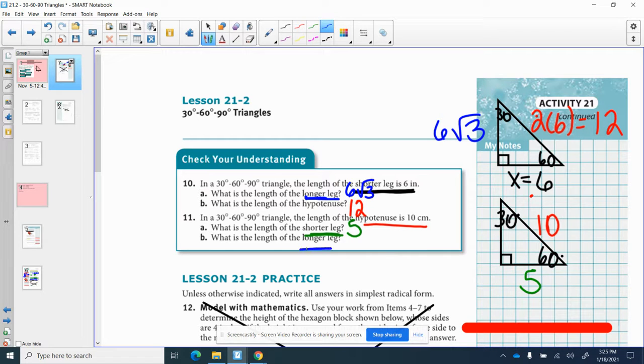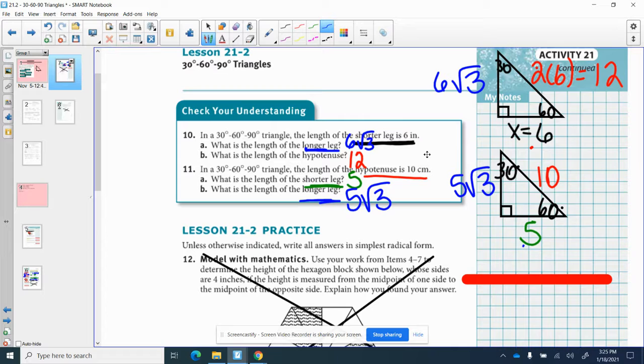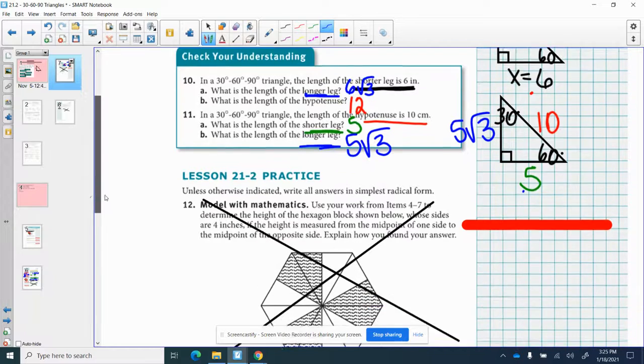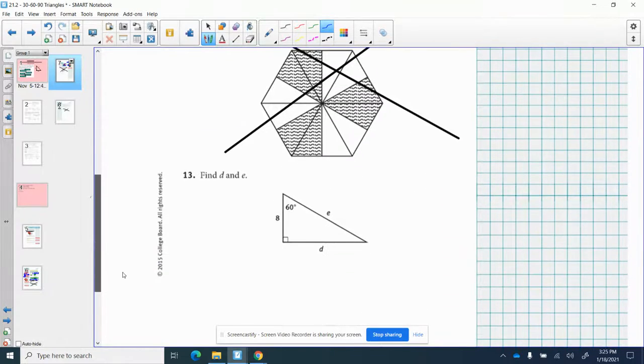And then the longer leg is our short leg times the square root of 3. So we find those answers a lot quicker, and really by just knowing one side, we can find the other two in a 30, 60, 90 without even using Pythagorean theorem at all, okay?